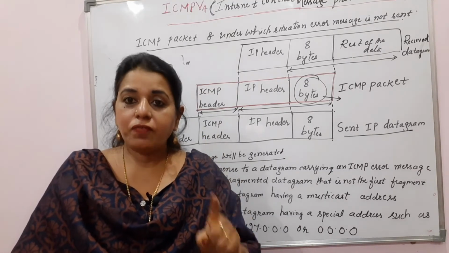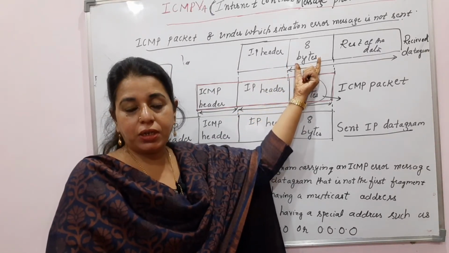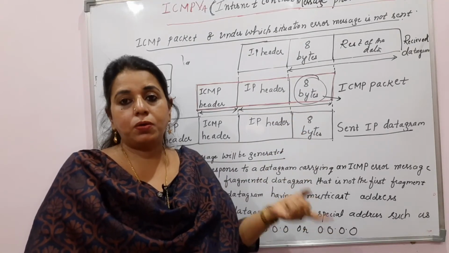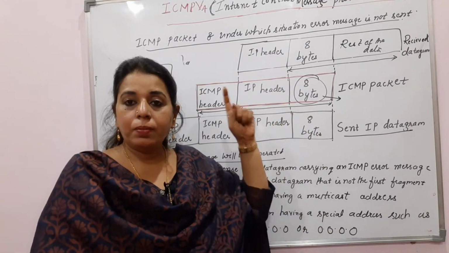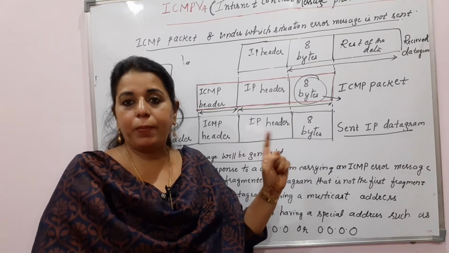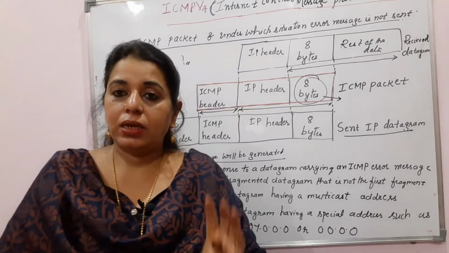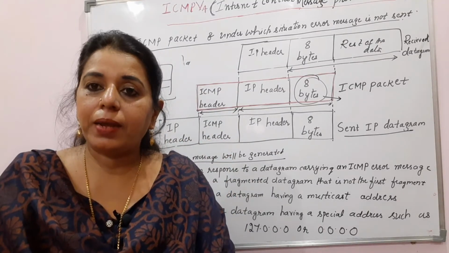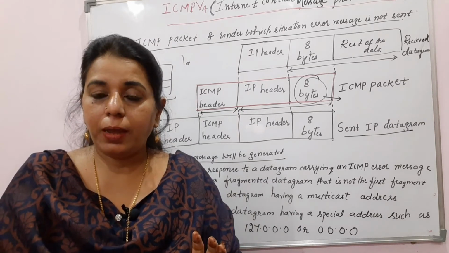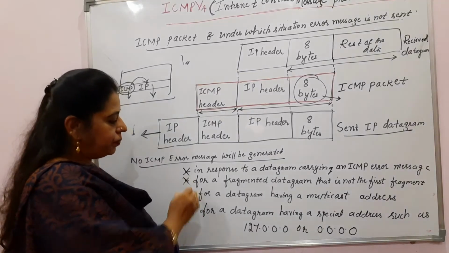Since the very first fragment carries the 8 bytes of information, and this information is needed for the source host to convey to the higher layer protocol, because these 8 bytes contain the port numbers of the transport layer, whether it is UDP or TCP, an ICMP error message for the first fragment is more than sufficient. The host will come to know about the problems with its datagram. That's the reason it is not sent for the other fragments.